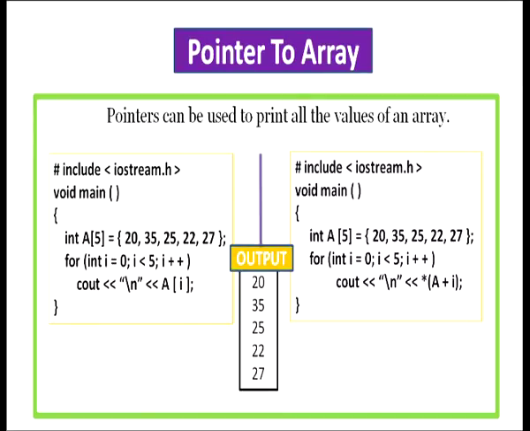Now, let us see how we can write a similar program using pointers. Again, we are declaring an array a, int a[5] = {20, 35, 25, 22, 27}. Now, we are using the loop for (int i = 0; i < 5; i++) cout << *(a + i). What does it mean?